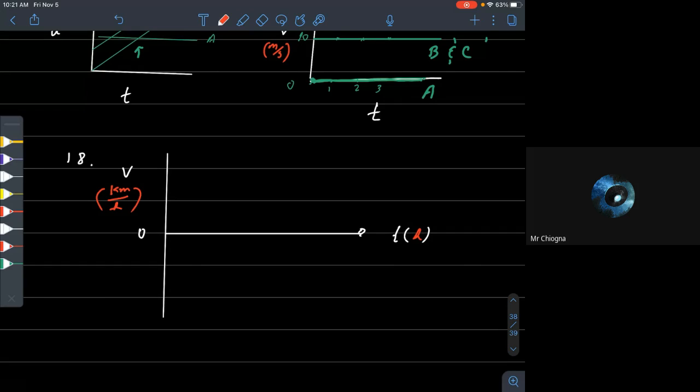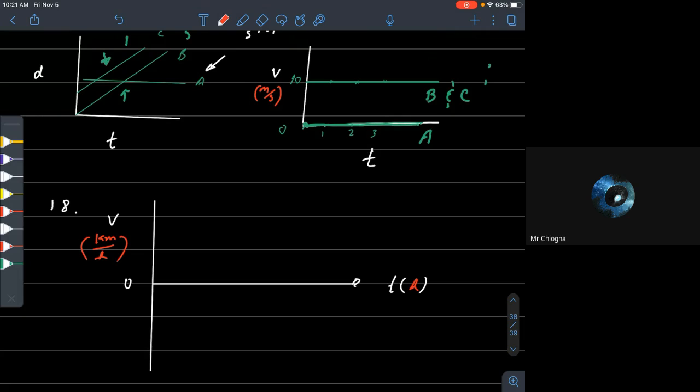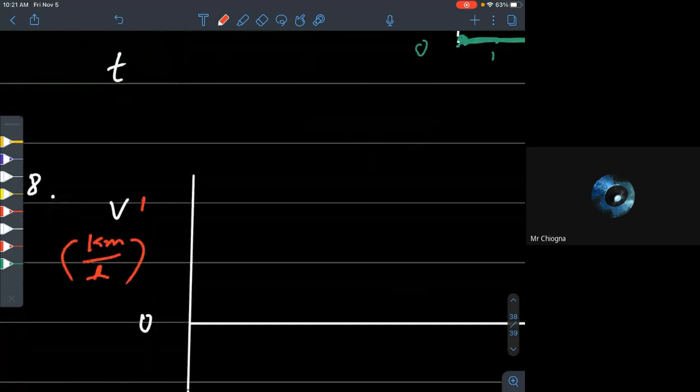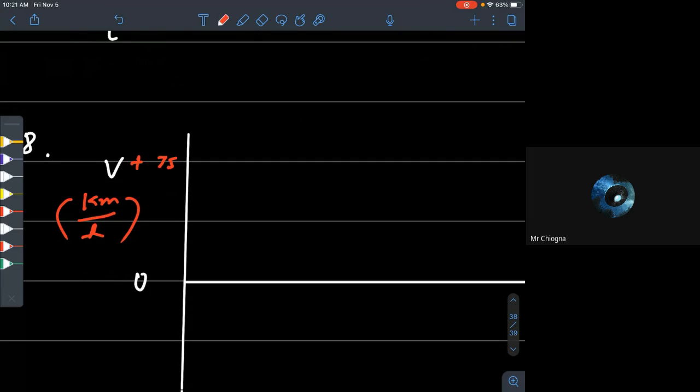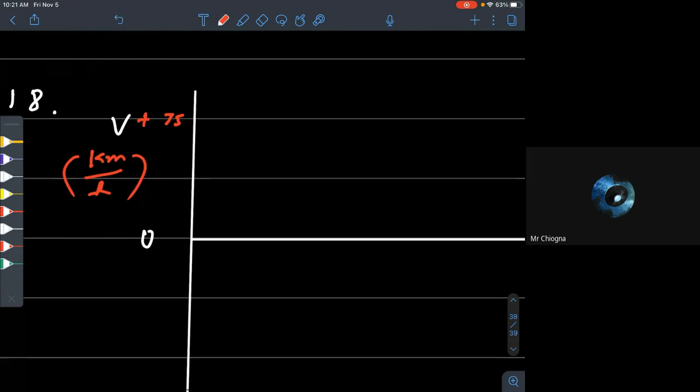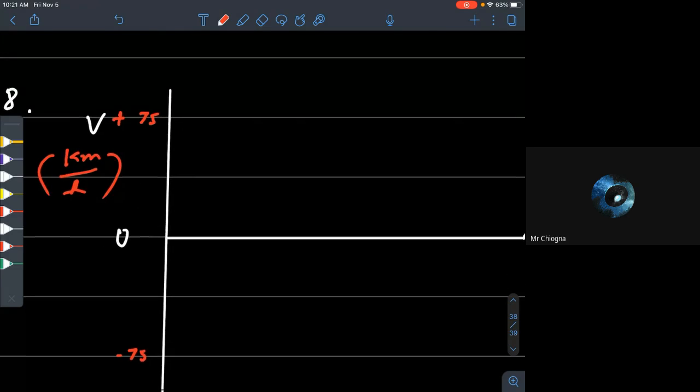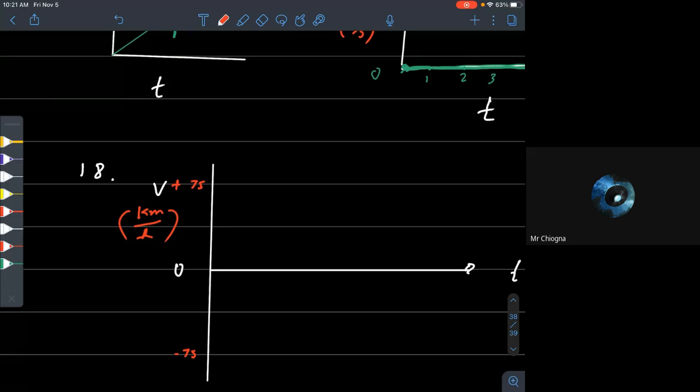So let's just number this. This will be positive 75, and again, it's kilometers per hour. And then down here, this will be negative. Then I need to number the hours here. We have 4 hours to begin with.